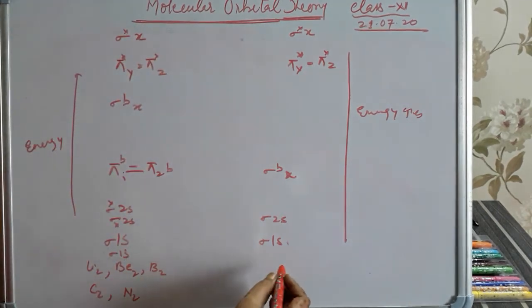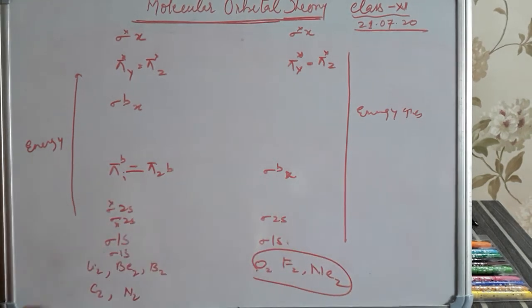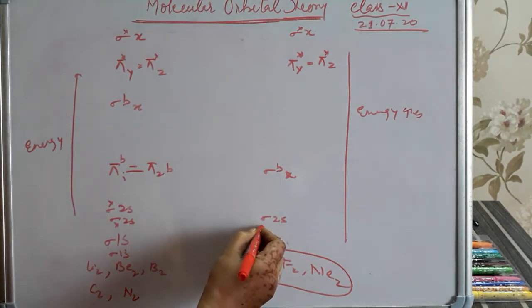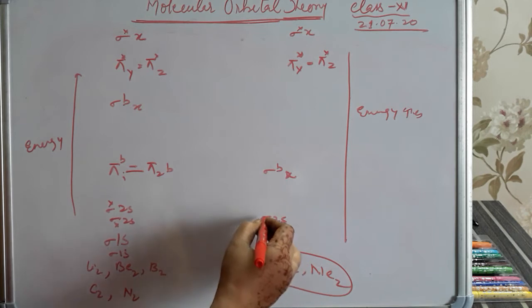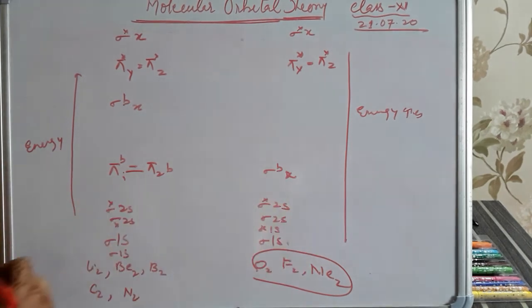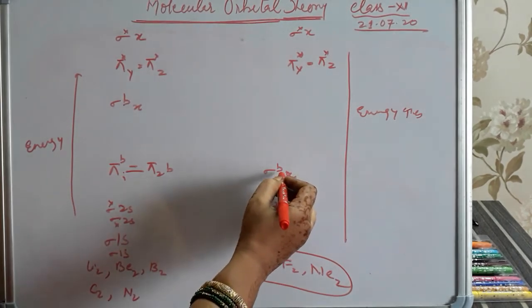But in the case of oxygen, fluorine and neon, whenever we write the configuration, at first sigma 1s, then sigma anti-bonding 1s, then sigma 2s, then sigma anti-bonding 2s. After that we use sigma bonding x.